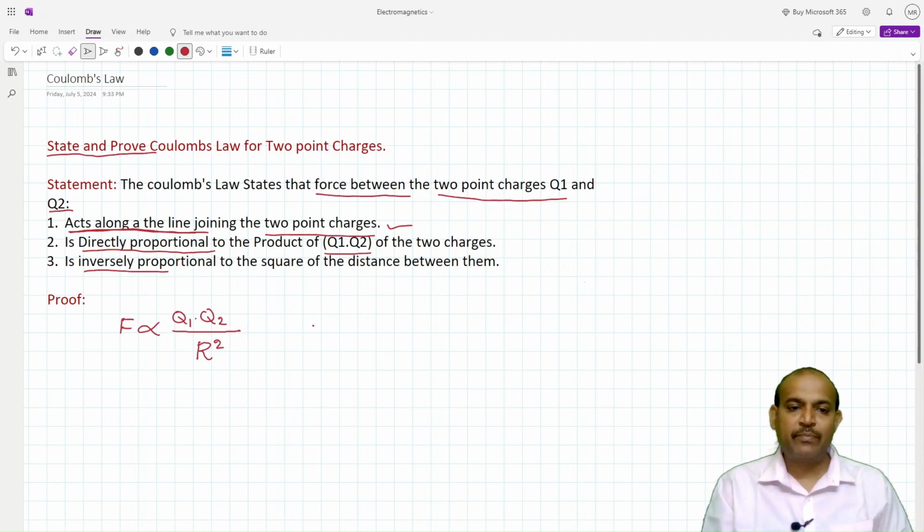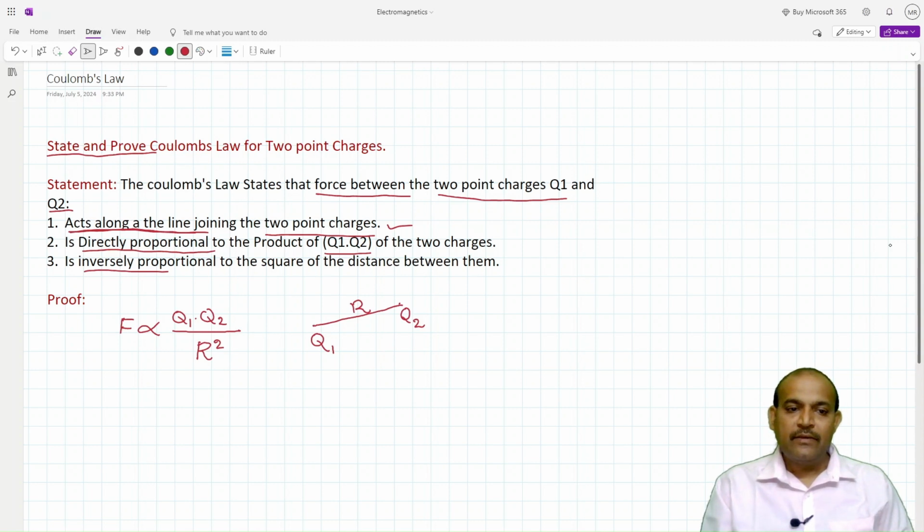This is an example I considered. If this is Q1 and this is some other charge Q2, then the distance between them, let us consider it as r. Between these two charges, the distance is r.